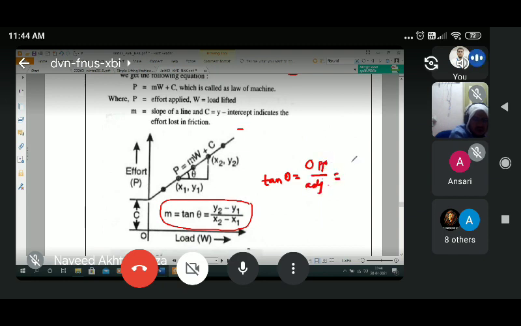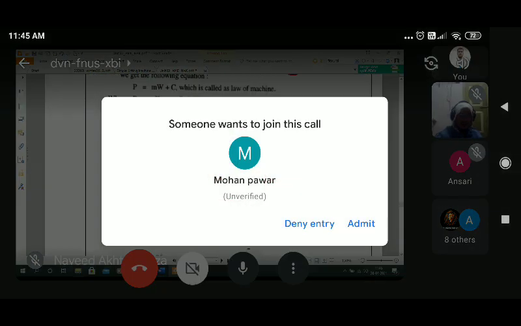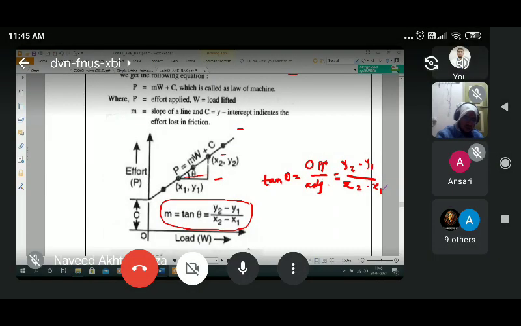So here, what is the opposite? If we look here, this distance from this point to this point is nothing but y2 minus y1, and the adjacent, this distance, will be x2 minus x1. So from that you can easily find the slope of the graph, and the other value you can easily find.